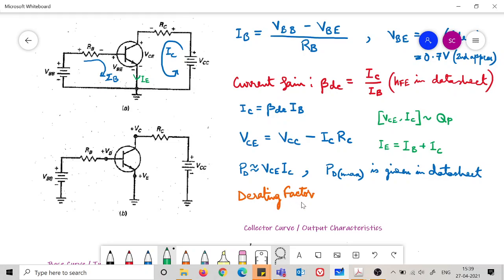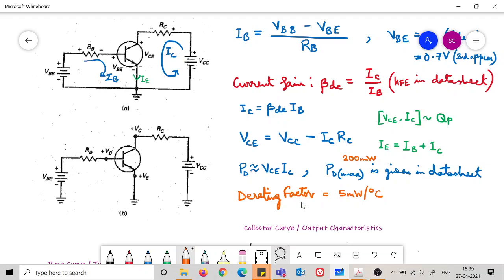Suppose this derating factor is equal to 5 milliwatt per degree centigrade, and suppose this PD max was 200 milliwatt at 25 degree centigrade. So the question may be asked that the temperature is 30 degrees centigrade. What would be the PD max?